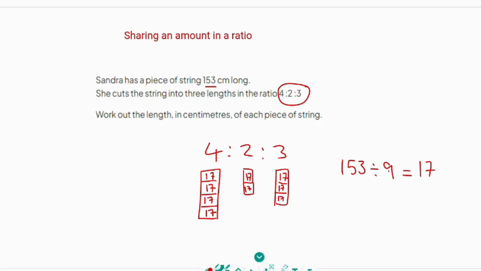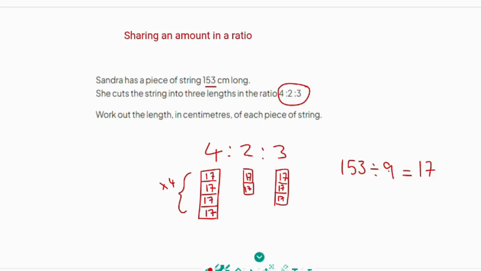So 17 times 4 here, which is 68. 17 times 2 in the middle, 34.